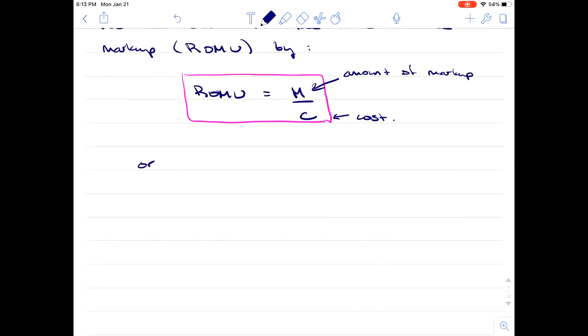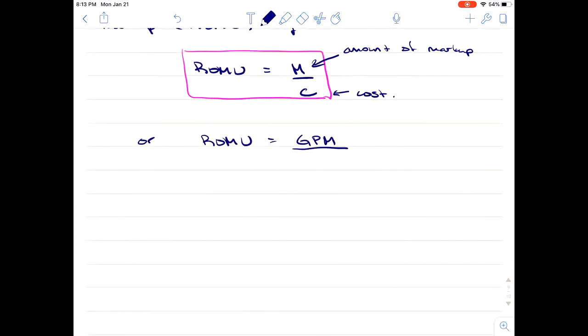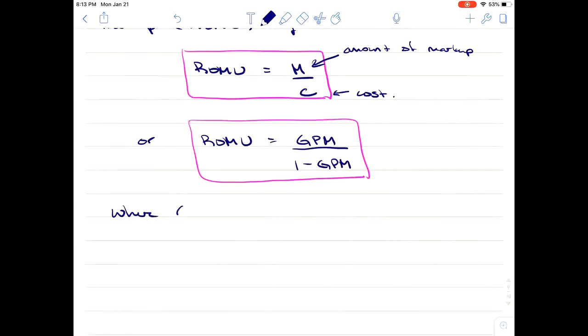Or we can use the ROMU, the rate of the markup, as the GPM over 1 minus the GPM. It's also on your formula sheet. Where GPM is the gross profit margin, and I'll define those in just a sec.